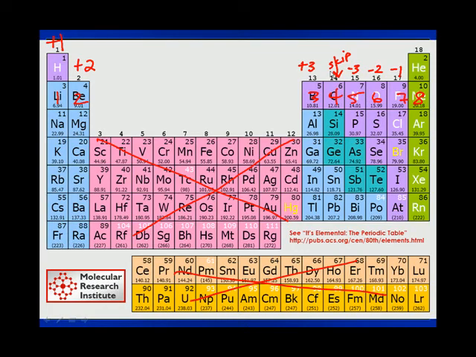We skip group 4A there with carbon because if you look, it goes +1, +2, +3, and then -3, -2, -1. So that group 4A in the middle can do both things. It can do a +4, it can do a -4. It actually also does some other things like a +2 and a -2. But how you figure that out, we'll deal with at another point.